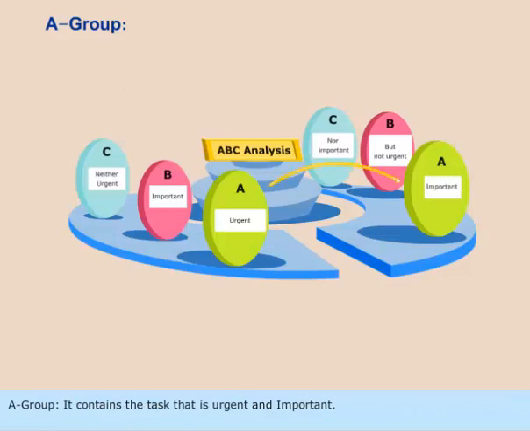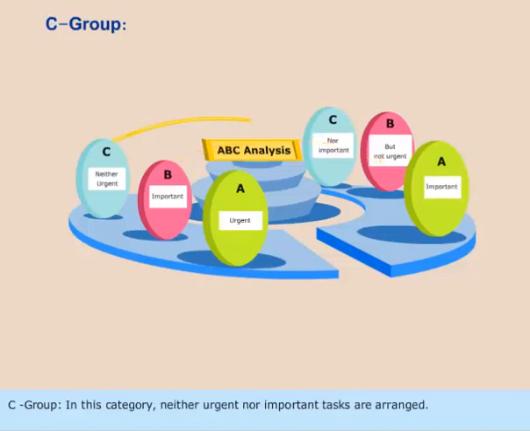A group: it contains tasks that are urgent and important. B group: it contains the tasks that are important but not urgent. C group: in this category, neither urgent nor important tasks are arranged.